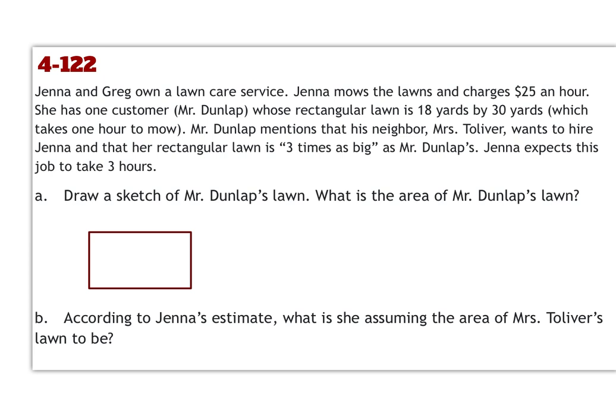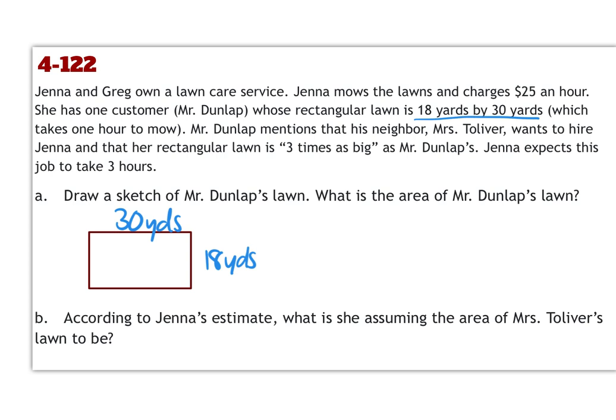Draw and sketch Mr. Dunlap's lawn and find out what the area of his lawn would be. Please pause and take the time to do this. We're told that the lawn is 18 yards by 30 yards.